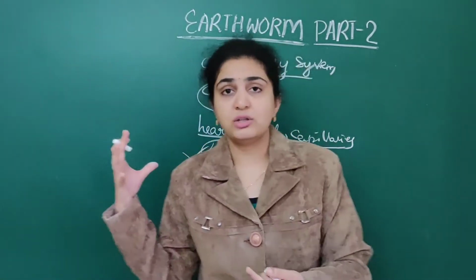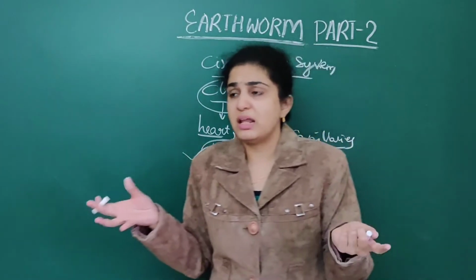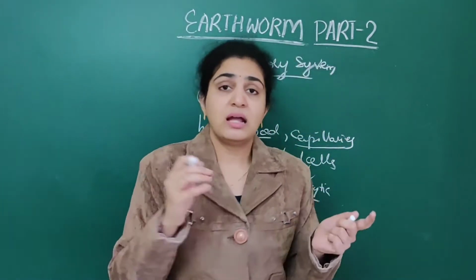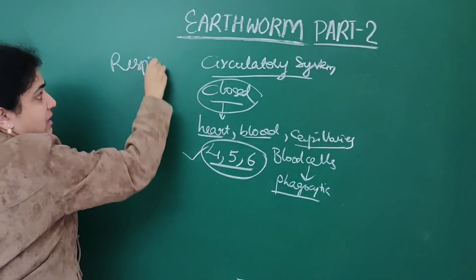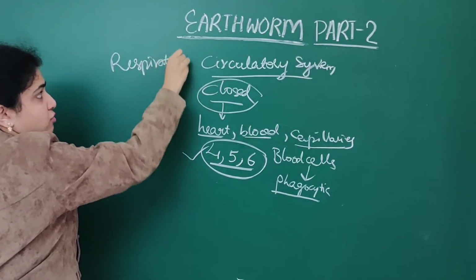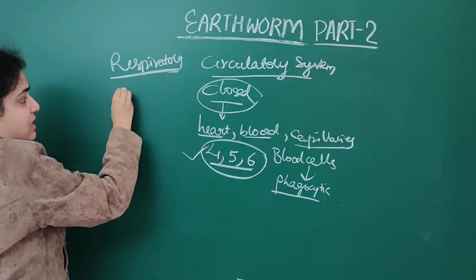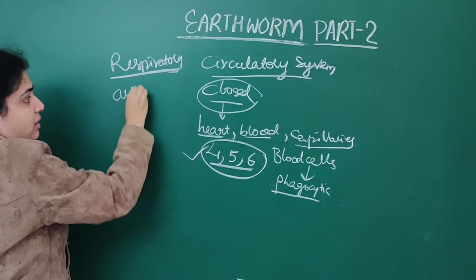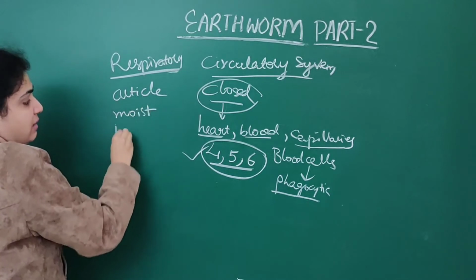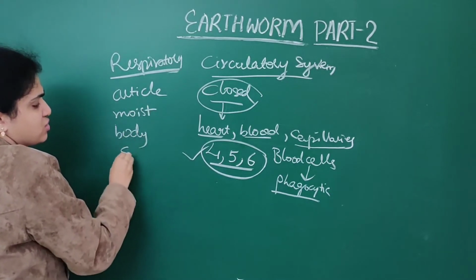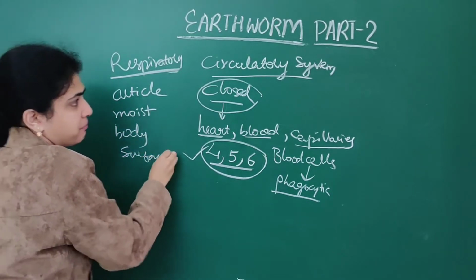But for earthworm, the respiratory system is very simple. The exchange of gases takes place through the moist cuticle, that is, through the moist body surface only. Simple exchange of gases takes place.